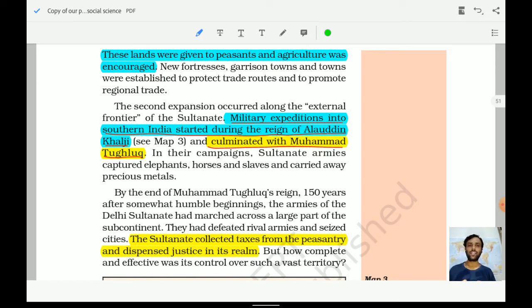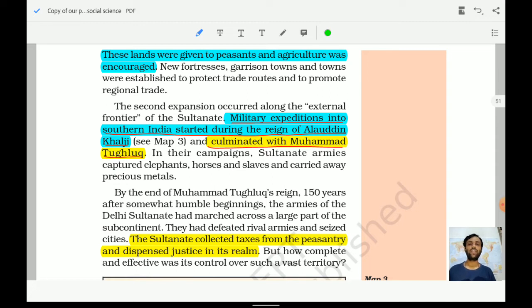So military expeditions into southern India started during the reign of Alauddin Khilji, because he was a quite bold ruler of the Sultanate, and he did not hesitate before taking any step, and he also tried to expand his area to the southern part of the Indian subcontinent.